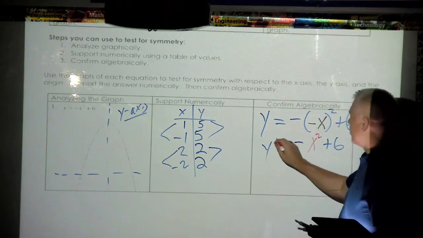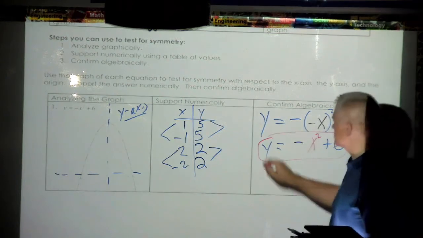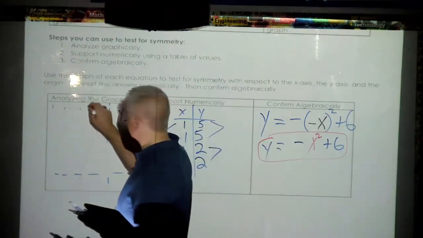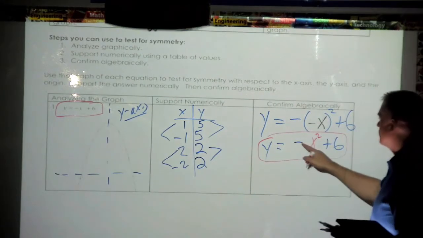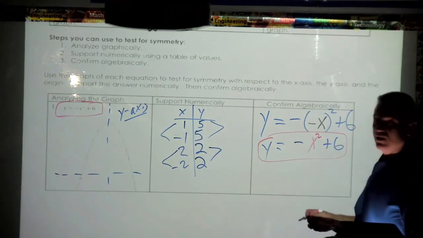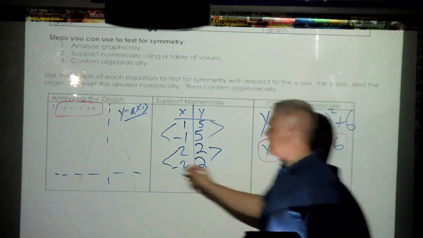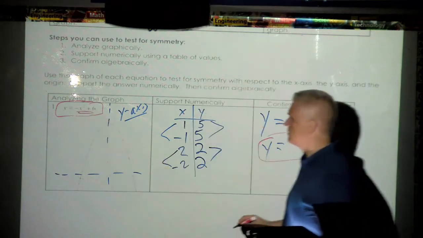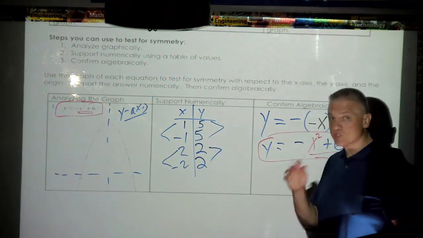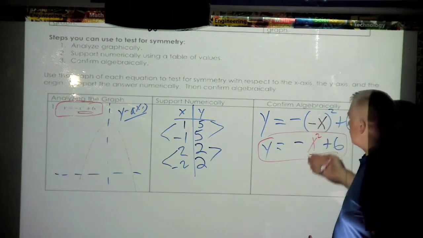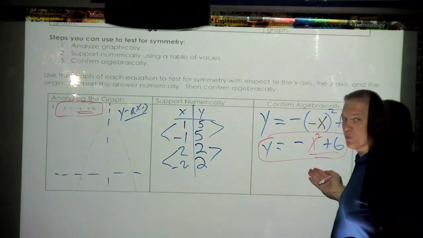No. Excuse me, y equals negative x squared plus 6. Check that out. It's the same y. We changed the sign of x algebraically, and we got the same y algebraically.